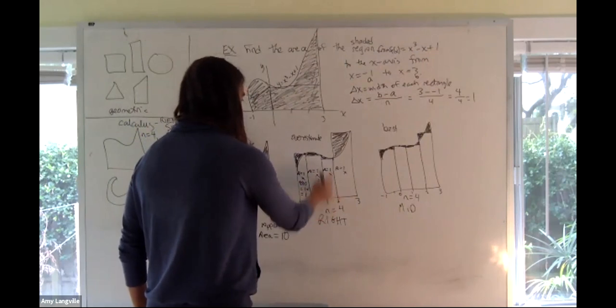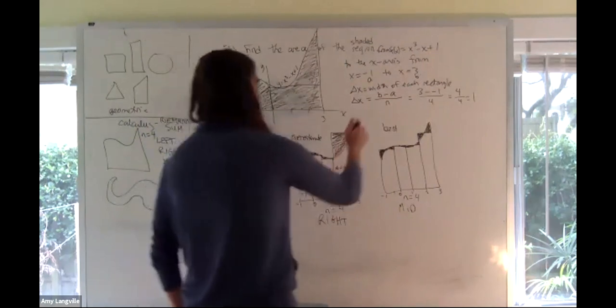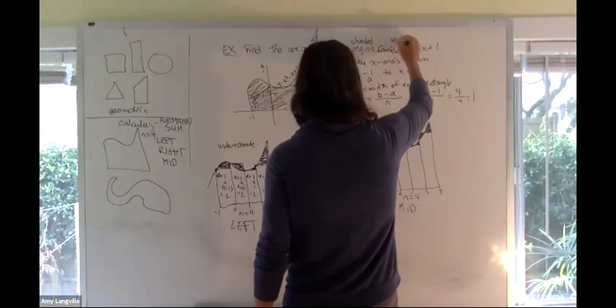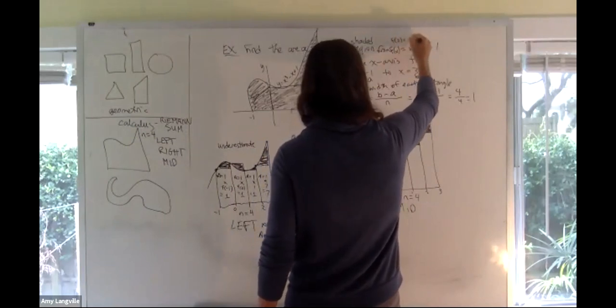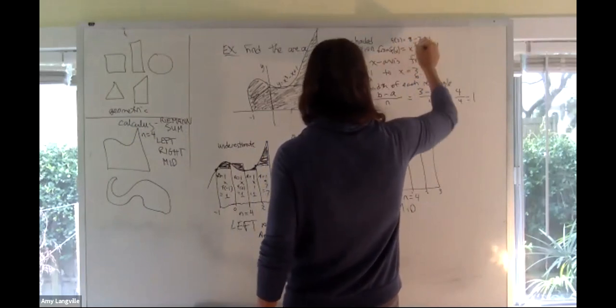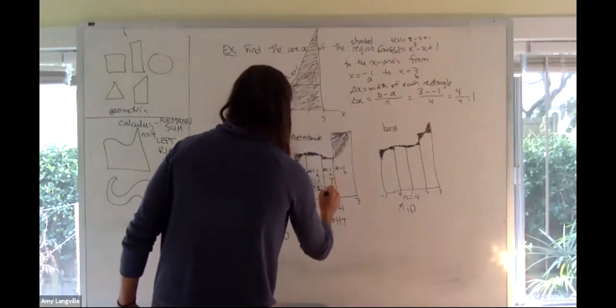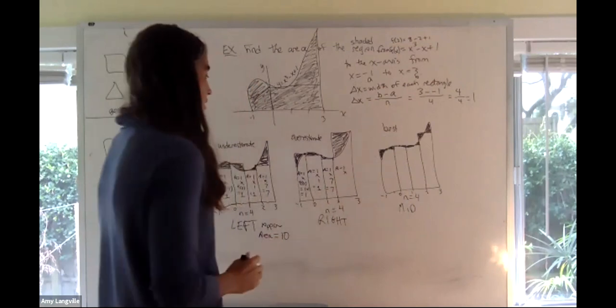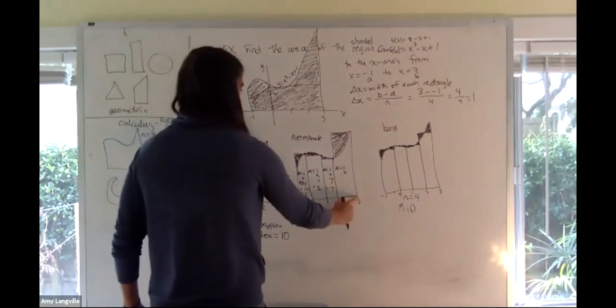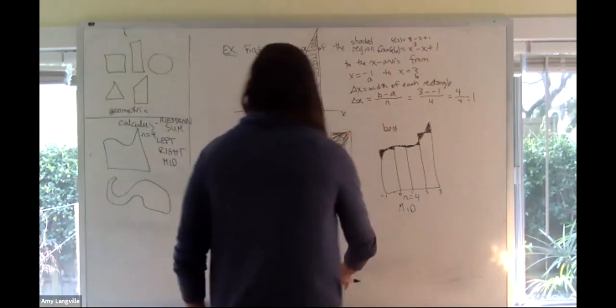We went to 2, up to the function, created our height. F of 2, we already did that. That was 8 minus 2 plus 1, which was 7. The last rectangle, the height was at 3. So we need to get f of 3.